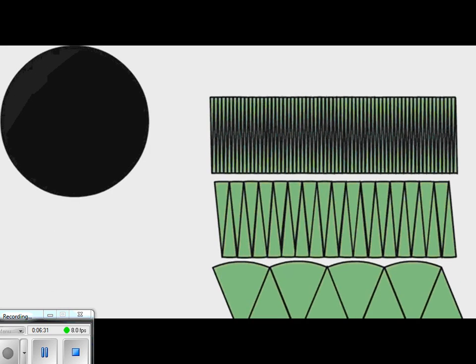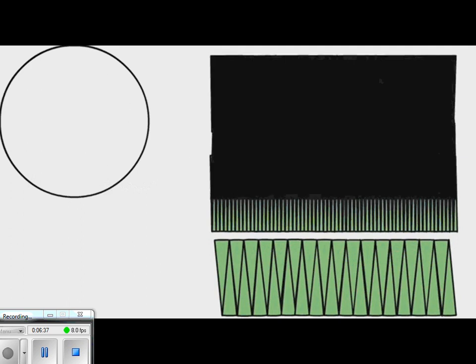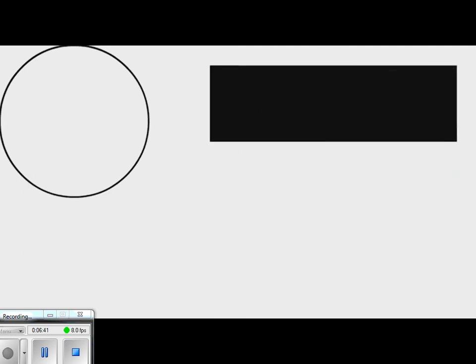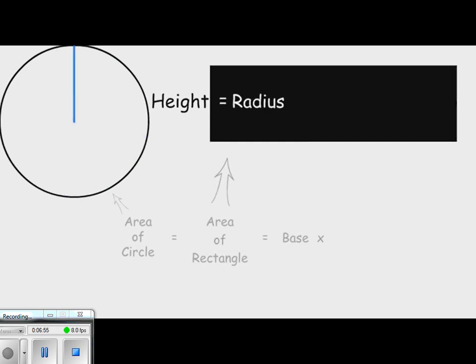But the answer is to divide the circle infinitely many times until we cannot distinguish the lines, and eventually the circle can now become a perfect rectangle. So, the area of the circle is equal to the area of the rectangle, which is equal to base times height. The height of the rectangle, as you can see, is the same as the radius. So height is equal to radius.